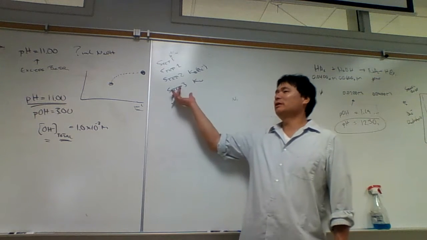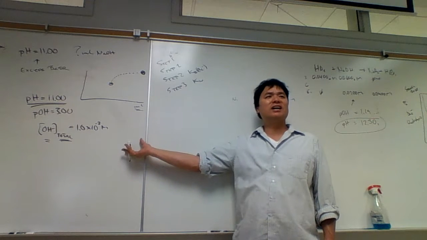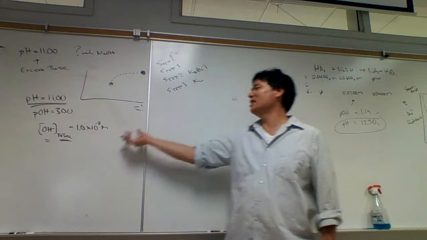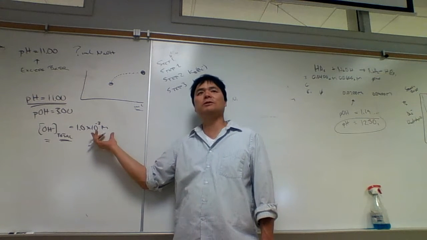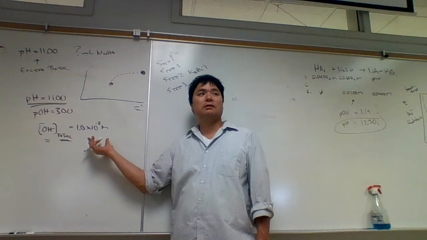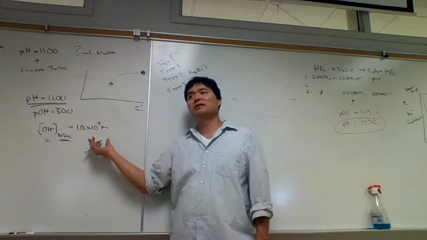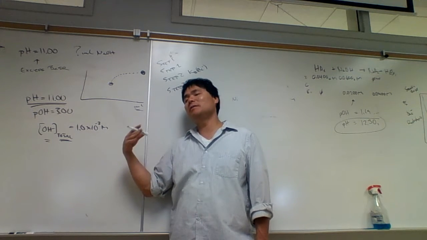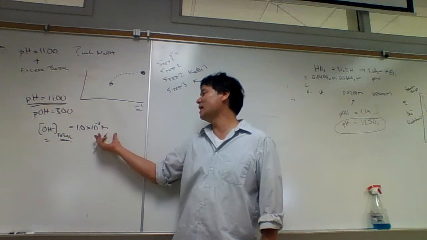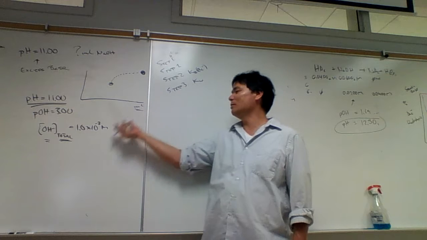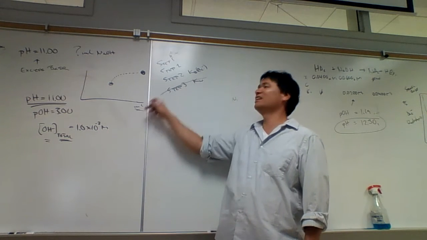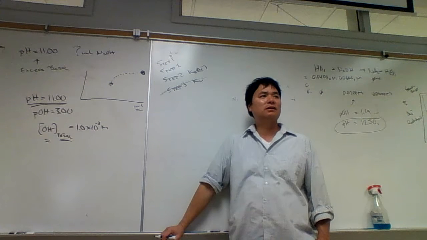But did step 3 really contribute much to that hydroxide? No, probably Kw contributes nothing, because the most Kw can contribute to this hydroxide is 10 to the minus 7, and it's probably going to be a lot less because of the common ion effect. So we're looking at 10 to the minus 8, 10 to the minus 9. Do you think step 3 really contributed much to the total hydroxide here? No, I don't think it contributed much of anything, right?